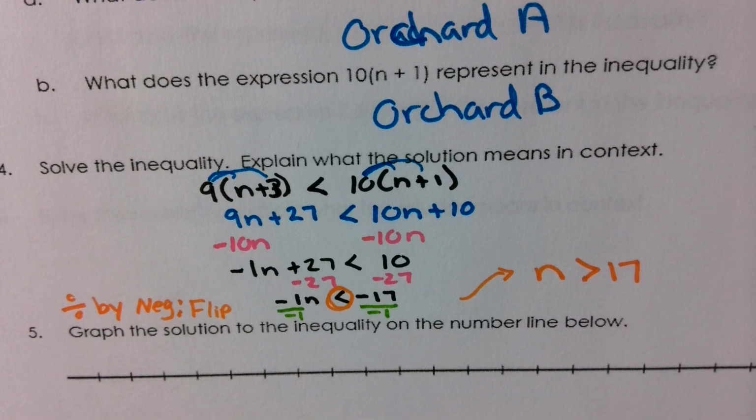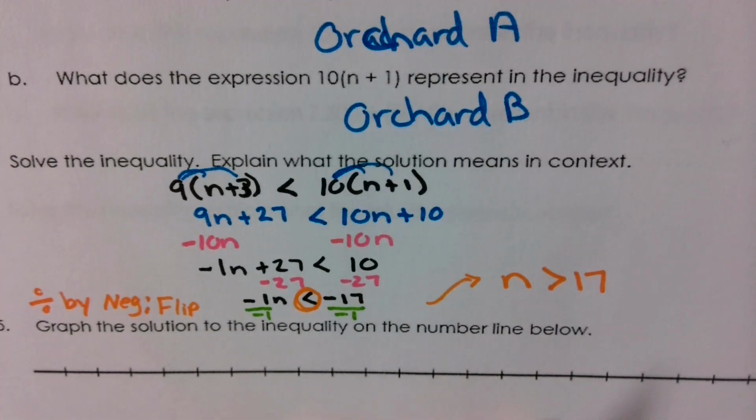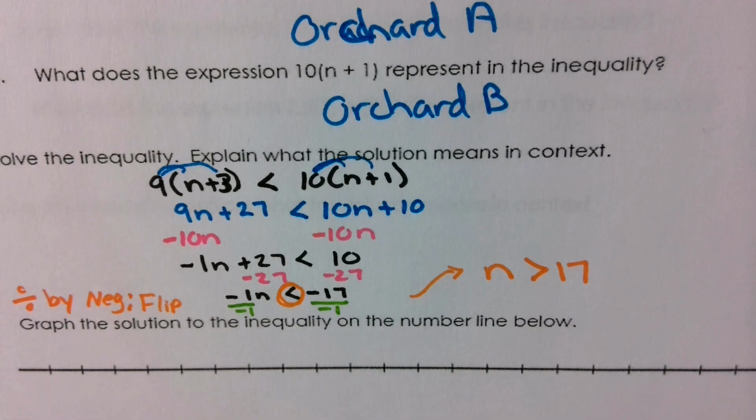So we need to know, what does that mean in context? When I say n is greater than 17, what does that represent? Ari? Okay, it could be 18, but we're talking about in context to the problem. When I tell you n is going to have to be greater than 17, what did n stand for? The number of students. n represents the number of students.